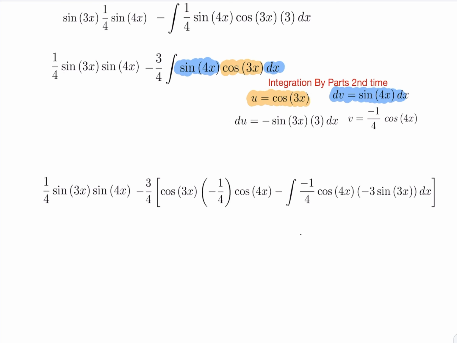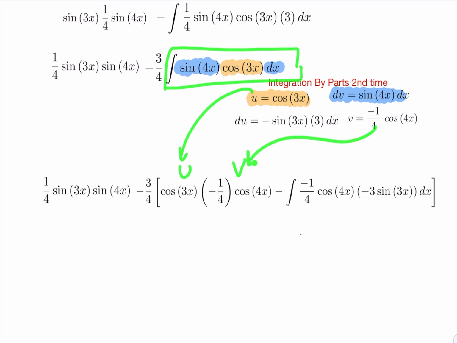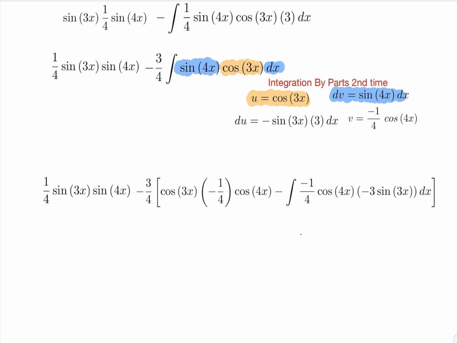Applying integration by parts here, we have that the integral of sine 4x cos 3x with respect to x is going to equal u times v. So you can see here I subbed in the u, and I also subbed in the v value here. Minus, then we have the integral of v du, and you can see here I went ahead and substituted in our v value into here, and likewise our du value, I substitute that into here.